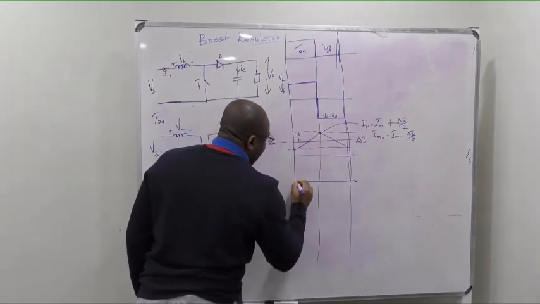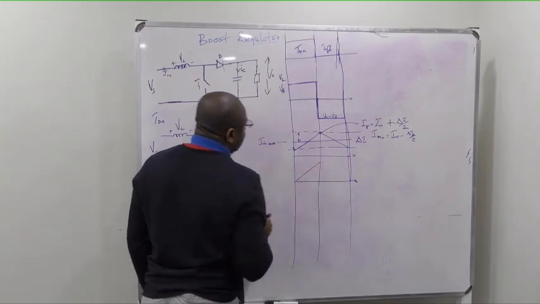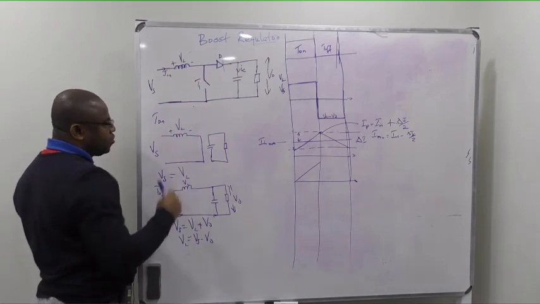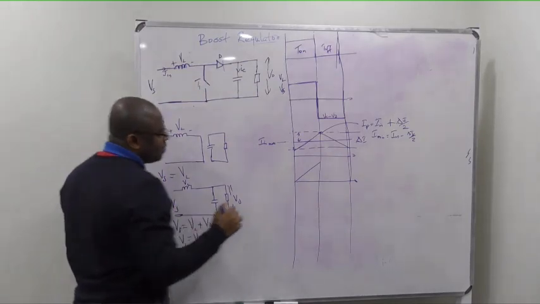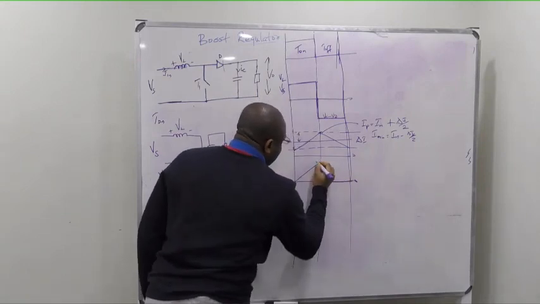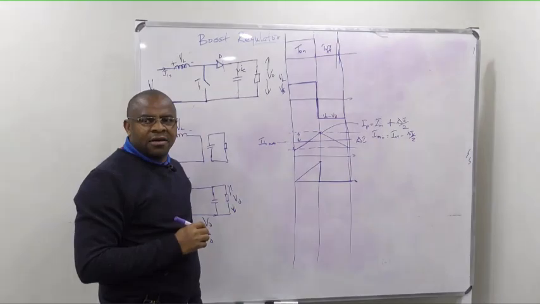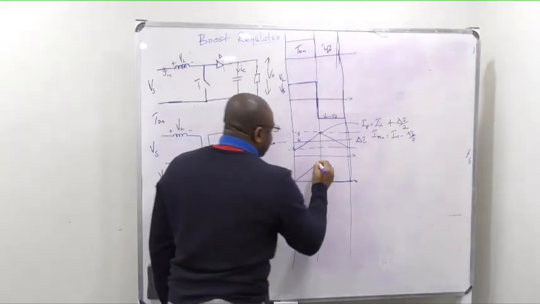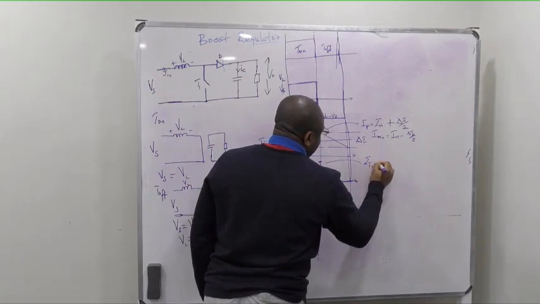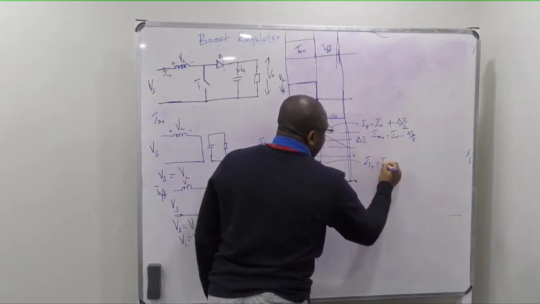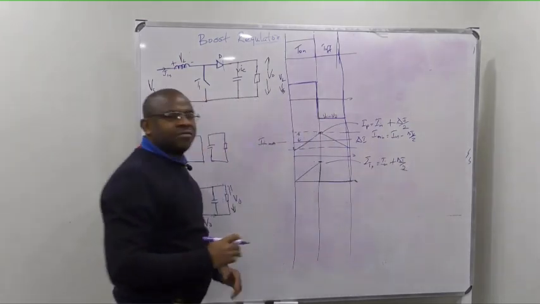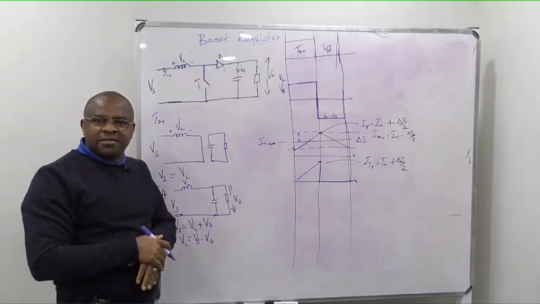At time of on, you have current flowing, but at time of off, there's no current flowing through the transistor. So this peak value here is the same as the peak value there. I of the transistor peak is I in plus delta I over 2, the same thing. You get it?